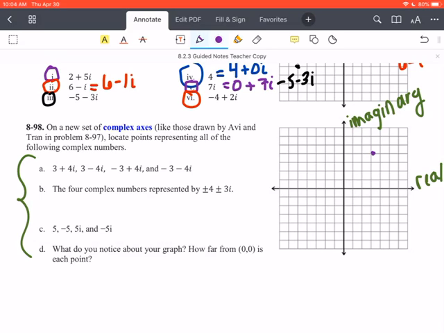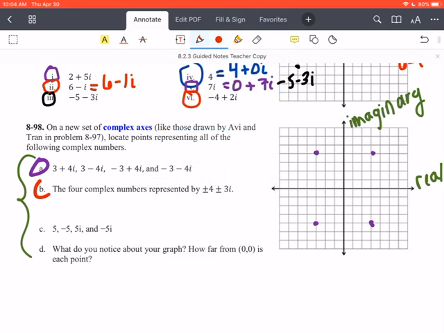Okay, and then we have over 3, down 4. Then we have back 3, up 4. So I see some conjugates going on here. And then we have back 3, down 4. Okay, so A, I graphed in purple.